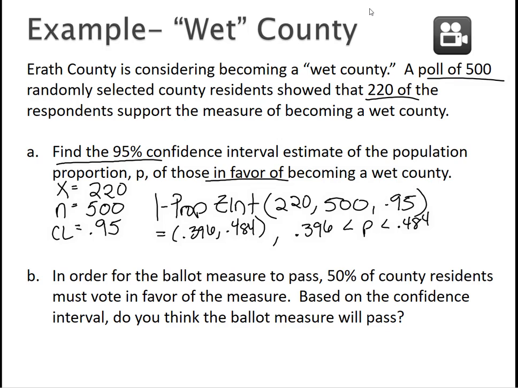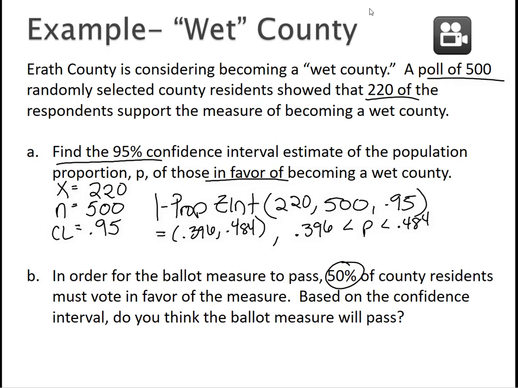Now Part B asks, in order for the ballot measure to pass, 50% of the county residents must vote in favor of the measure. So based on the confidence interval, do you think the ballot measure will pass? So I'm going to look at this 50%. Now, based on Part A, my proportion is going to lie between 0.396 and 0.484.